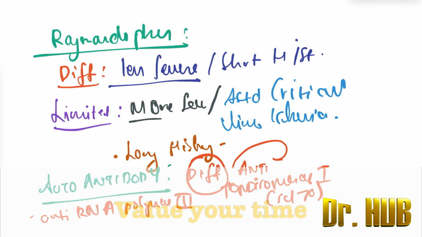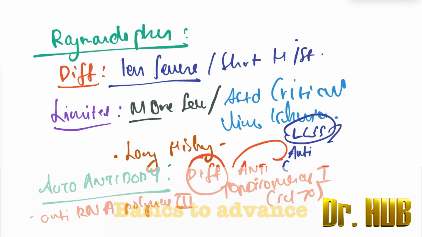This is all in terms of the diffuse type, and in case of the limited cutaneous systemic sclerosis, we have the anti-centromere.